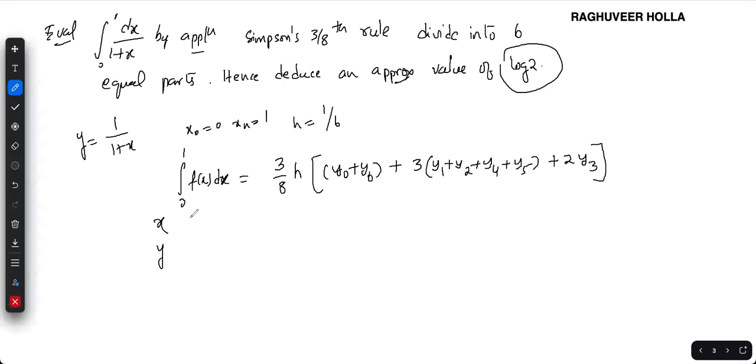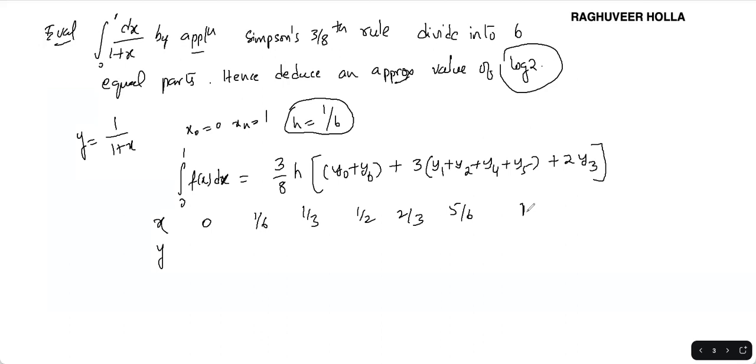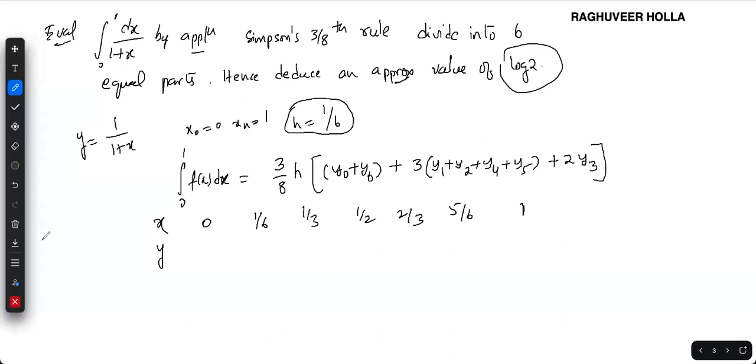As it is divided into 1/6, this is 0, 1/6, 1/3, half, 2/3, 5/6, and 1. So let us calculate here. As we want to find y0, this is your x0, so this is 1 divided by 1 plus 0, which is 1.